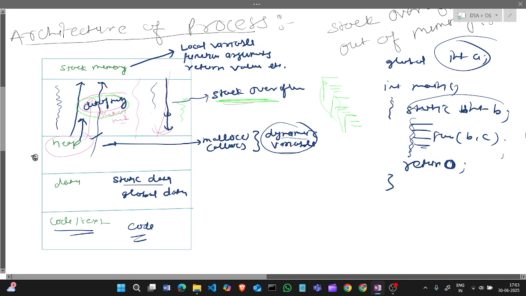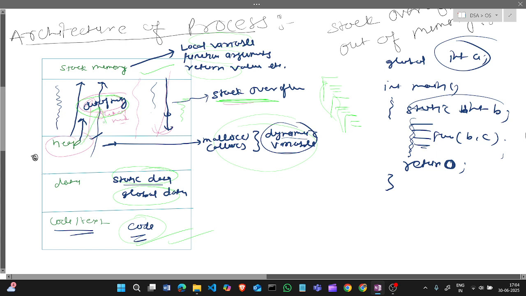So these are the four types of memory used by a process: stack memory to store local variables and function arguments, heap to store the dynamic variables during runtime, data to store the static and global variables, and code for whatever statements are left. What is out of memory?